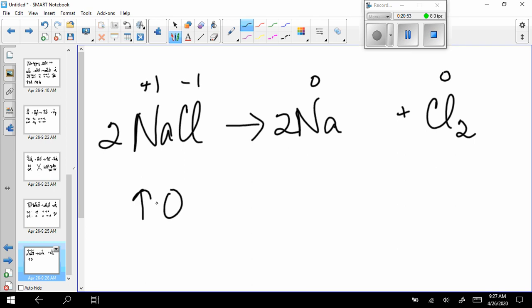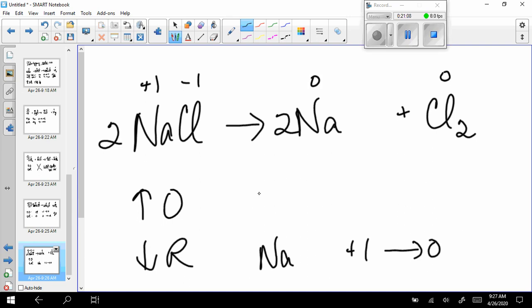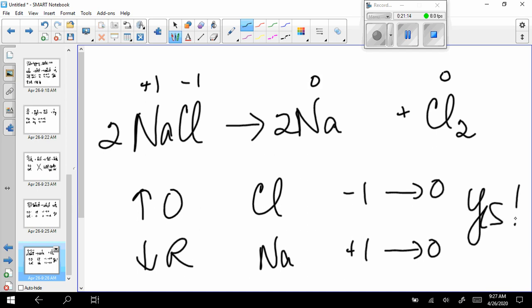So I want to see, does something go up and does something go down? And if I do have something going up and something going down, I do have a redox reaction. So Na is going down. So Na is going from a +1 to a 0, and Cl is going up. It's going from a -1 up to a 0.